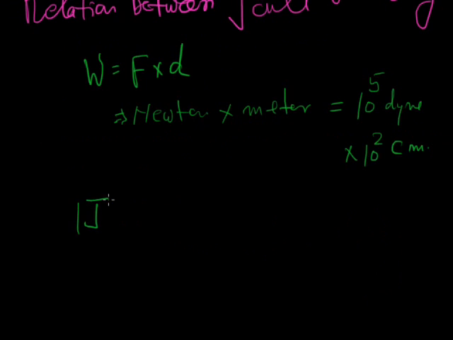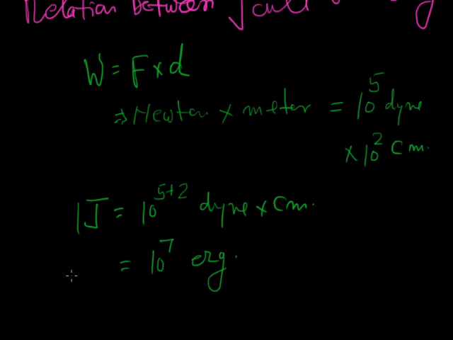So 1 joule is equal to 10 raised to the power 5 plus 2 dyne into centimeter, that is equal to 10 raised to the power 7 erg. 1 joule is equal to 10 raised to the power 7 erg.